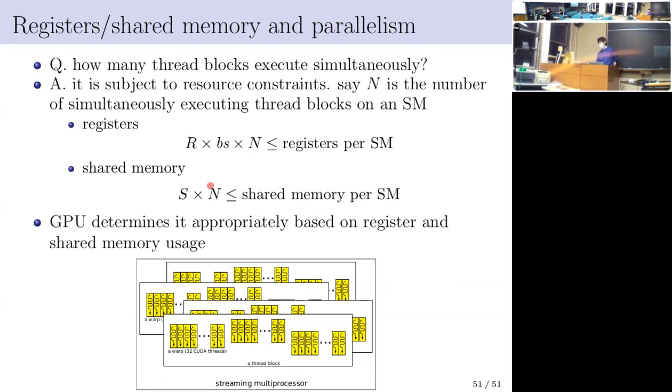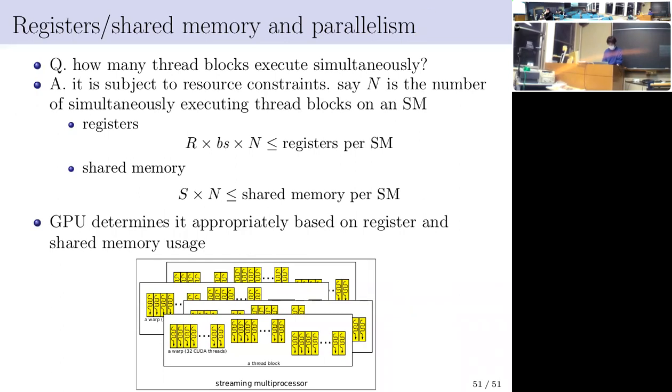Again, you want to choose S and BS. Of course, depending on what you want to do with your program, there may be some other constraints. But all in all, you want to optimize this number within the constraints. This is what you can do to optimize the performance of your CUDA program.